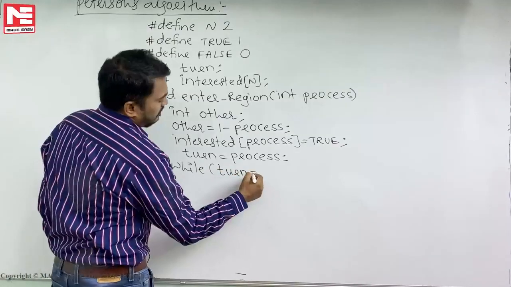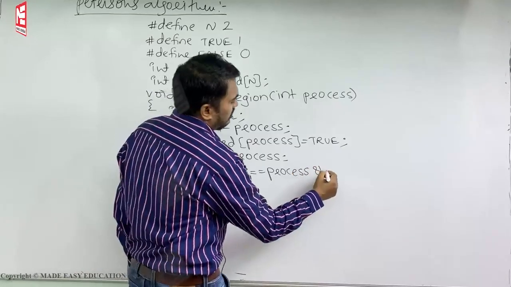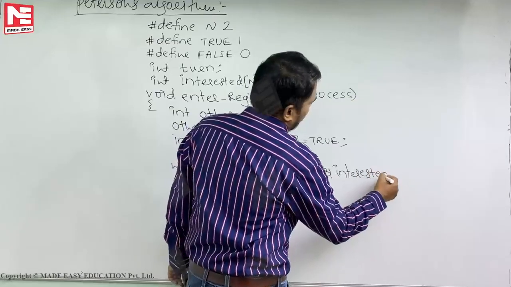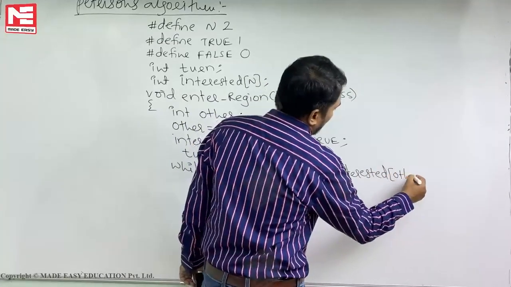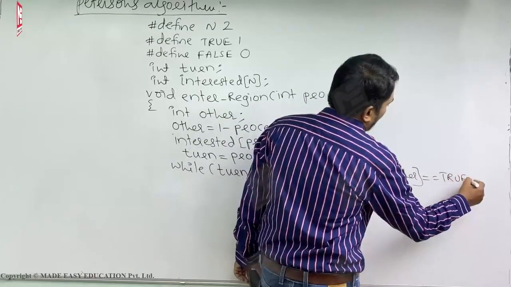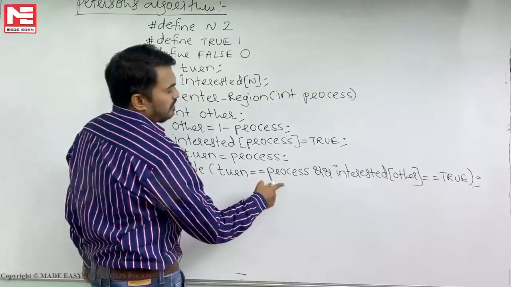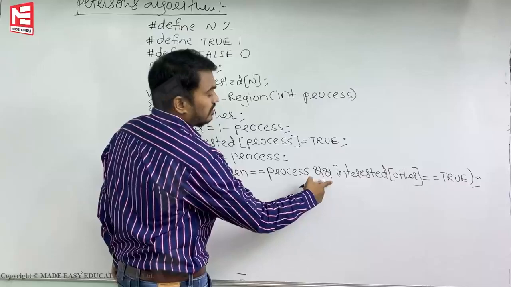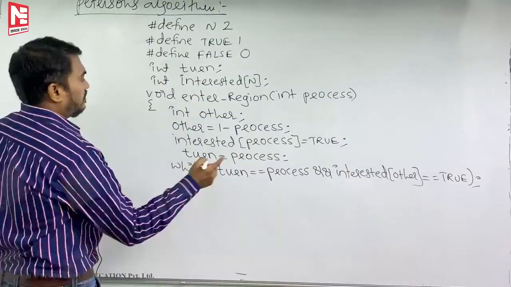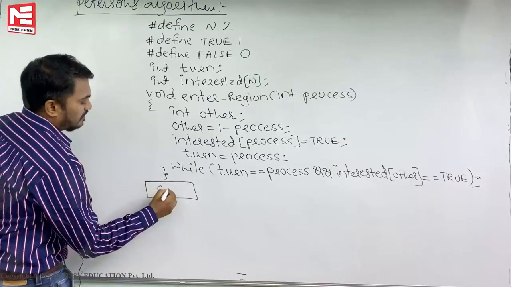while (turn == process && interested[other] == TRUE); the while condition is turn equal to process, double ampersand, interested of other equal to true, then semicolon. Then you have the critical section.